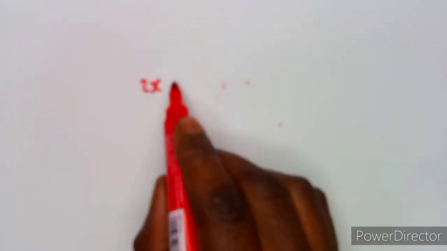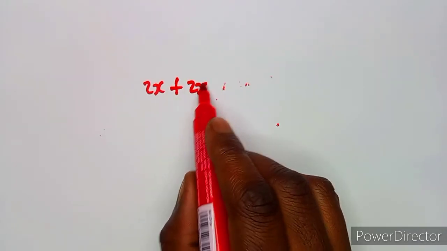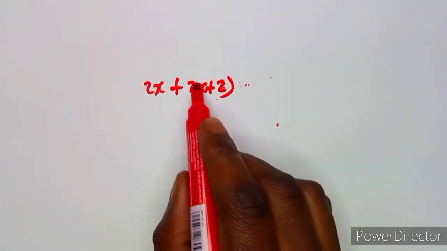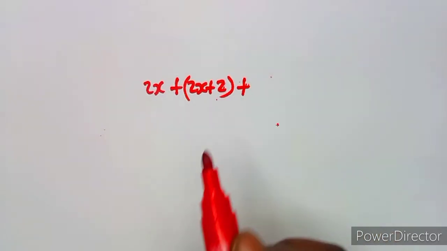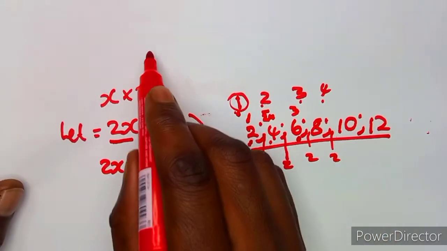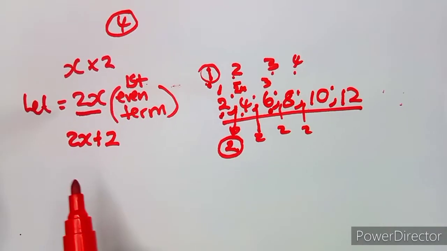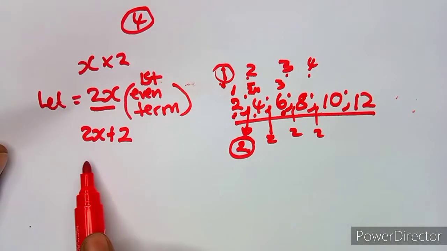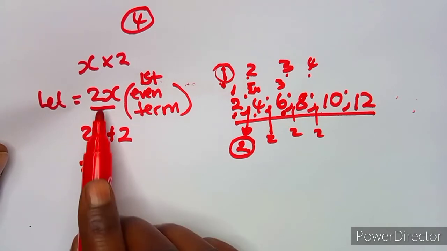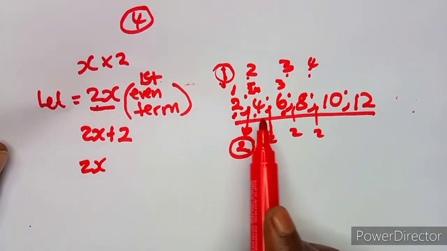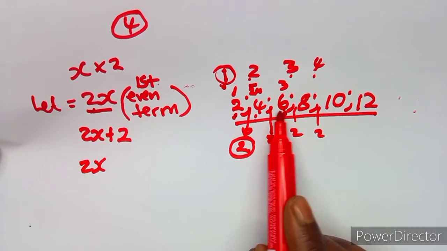Okay, so we're going to have plus 2x plus 2, which is our second term here, plus, remember we said sum of 4. So we need to add up to 4. So what is going to be our third term? From 2x, which is the first term, what is the difference now to the third term?